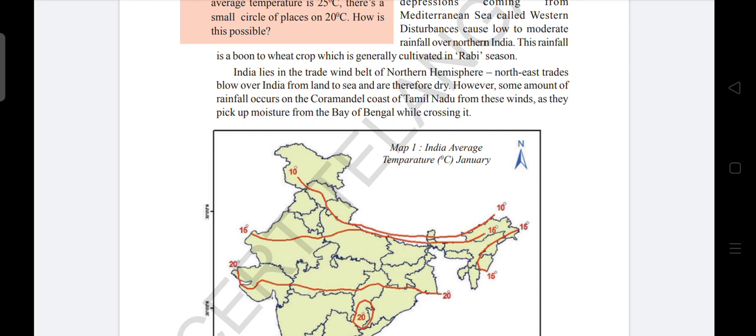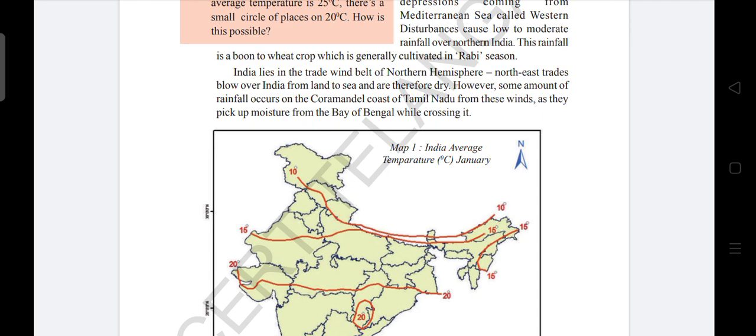So, what is happening? India lies in the trade wind belt of the northern hemisphere. I told you this before also. The northeast trades blow over India from land to sea and therefore they are dry.